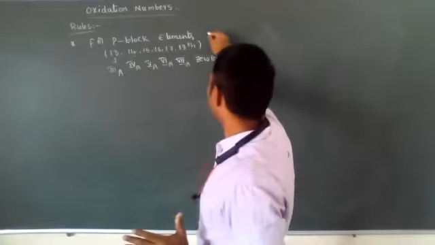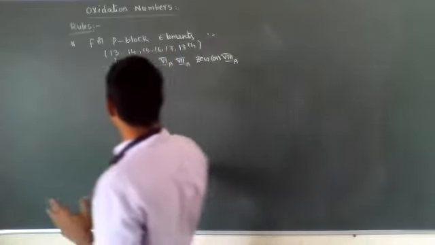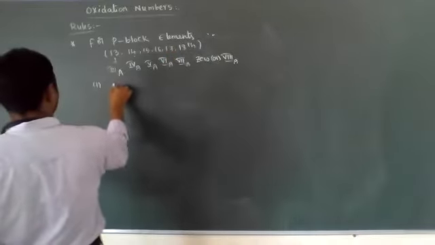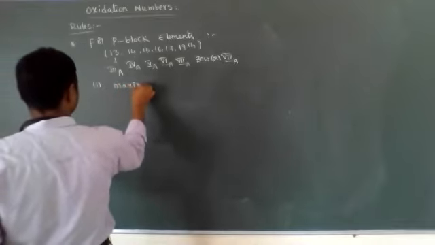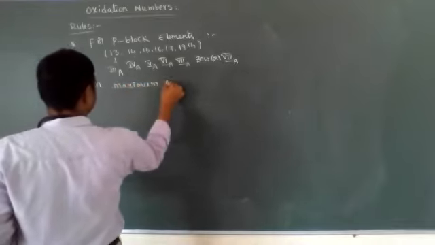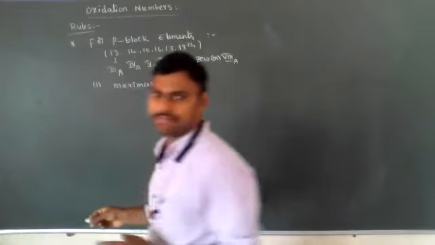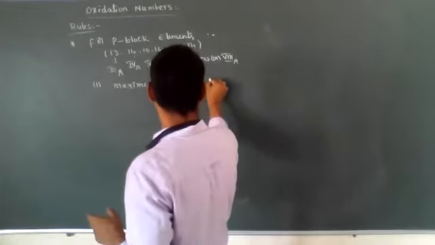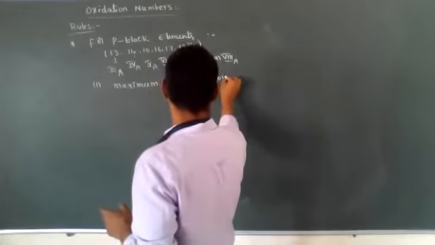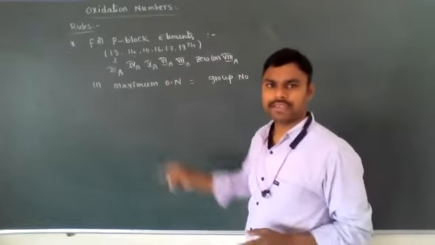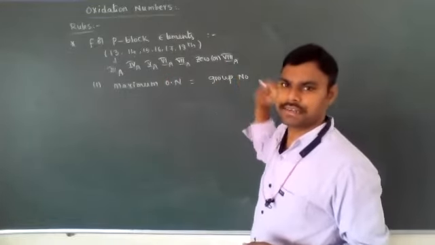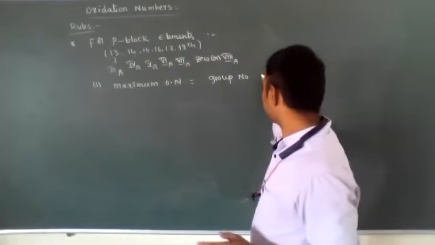So for p block elements, let's see the first point, the maximum oxidation state. Maximum oxidation state or oxidation number is equal to group number. Group number means not 13, 14, 15, 16, 17; we don't consider that. Roman numbers only.